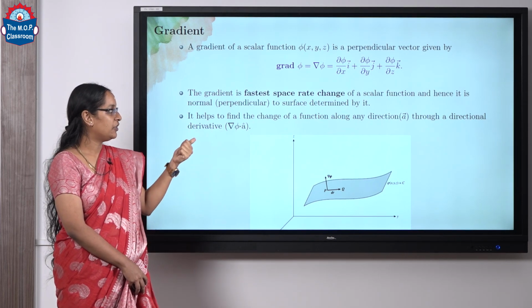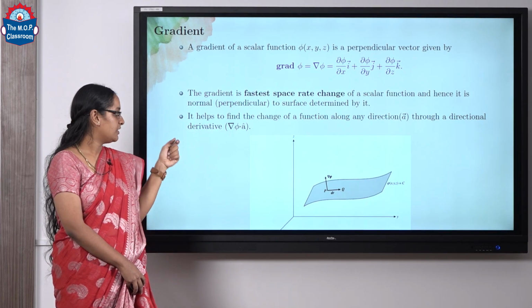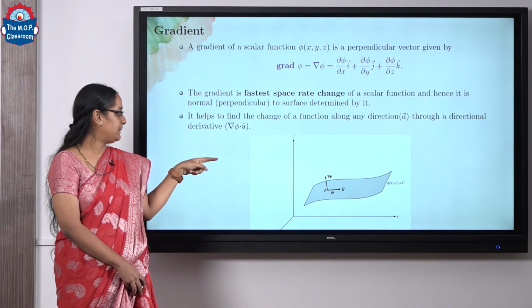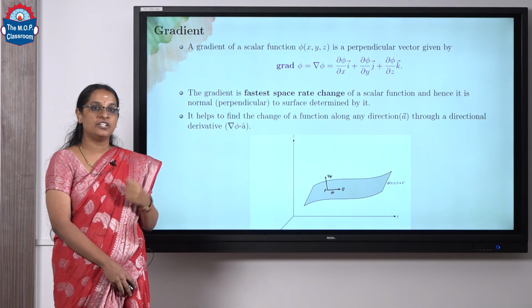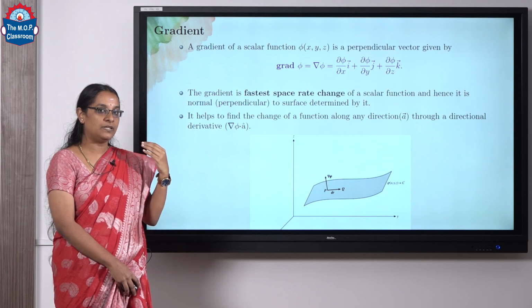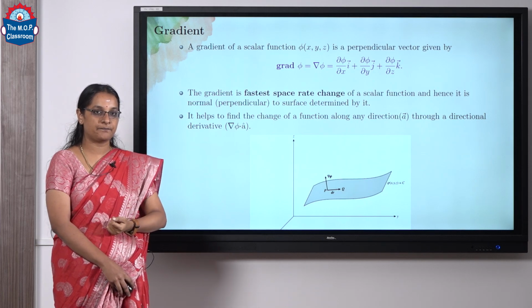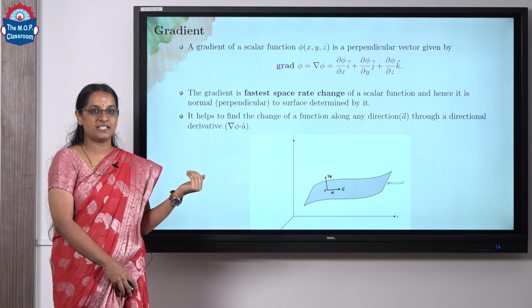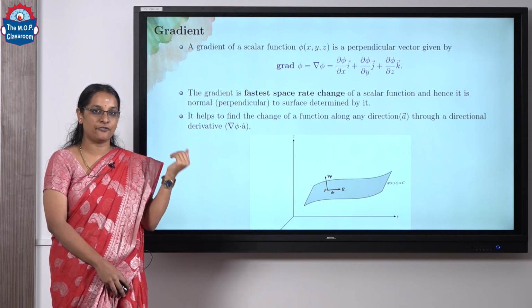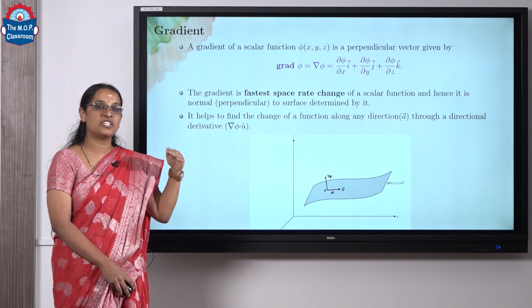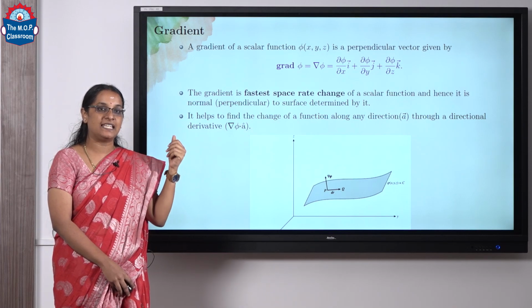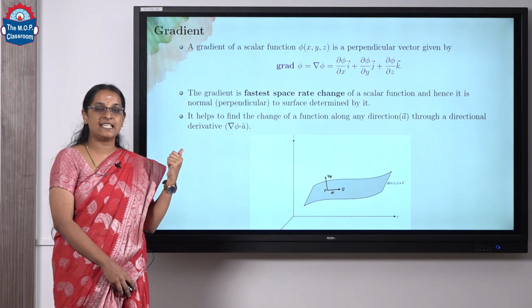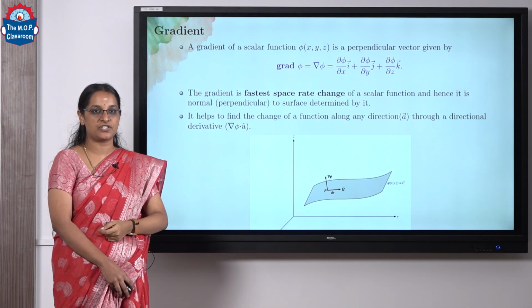When phi is the plane denoted in the diagram below, grad phi is perpendicular to it. It denotes the rate of change of the quantity phi that you are considering with respect to space, and del phi indicates the direction of the fastest rate of change.